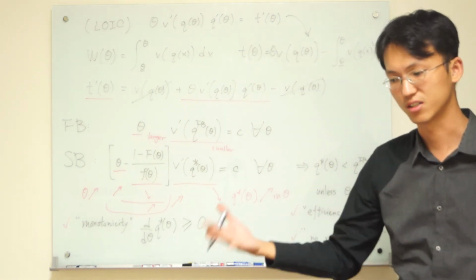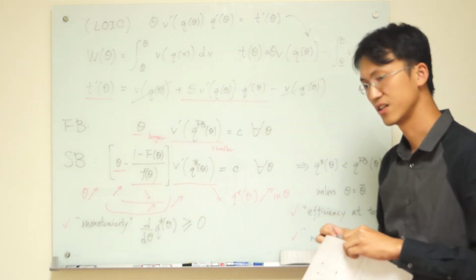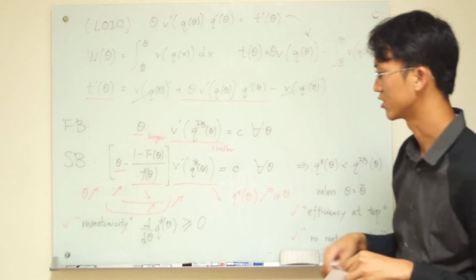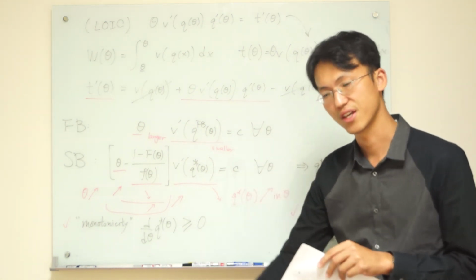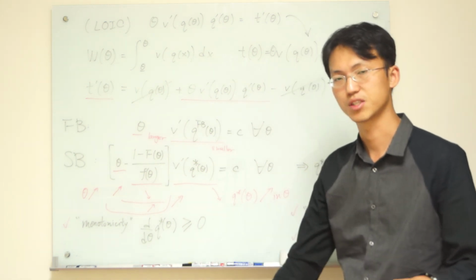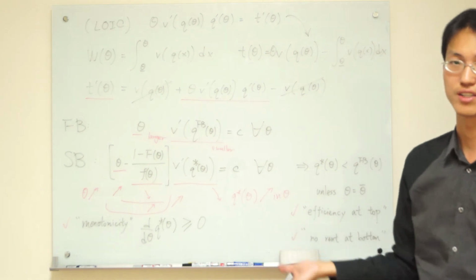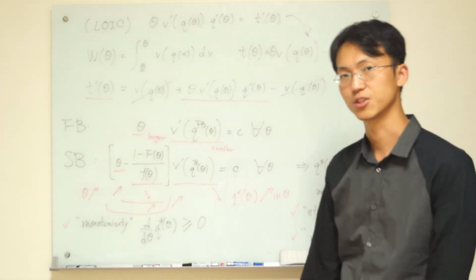Both are somehow identical. I would say when people are writing papers, the more standard way is to use the envelope theorem, and then after they derive the optimal menu, they can verify those IC constraints or local IC constraints they need. That's the typical way. But anyway, you know that's equivalent.